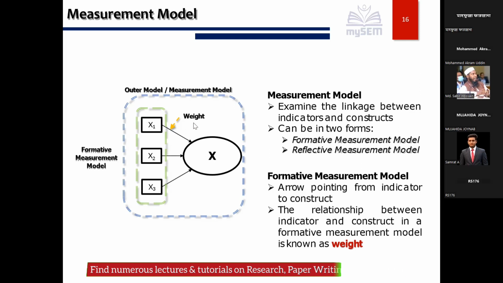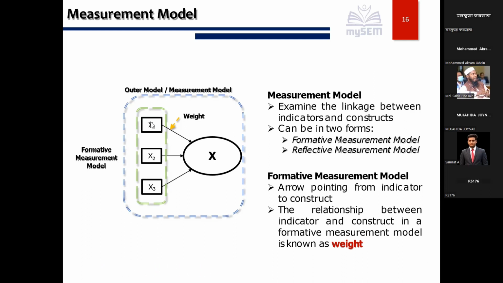The other is loading, which we get for the reflective. When you run the software, you get a value for the relationship between the indicator or item and the construct. That value will be called weight if it is formative, and if it is reflective, it will be called loading. You have to remember when to use the term weight and when to use the term loading.